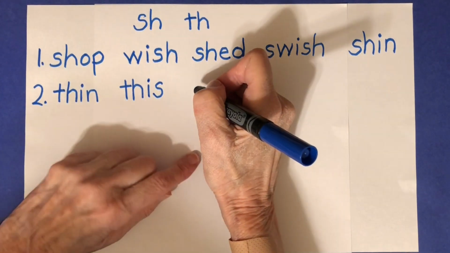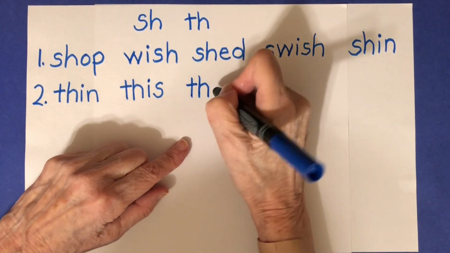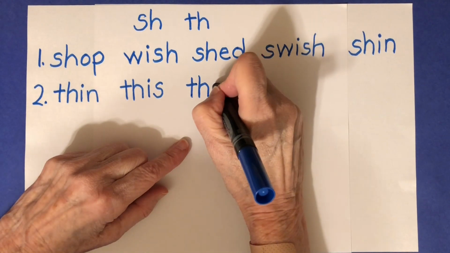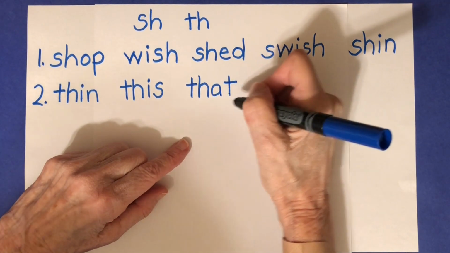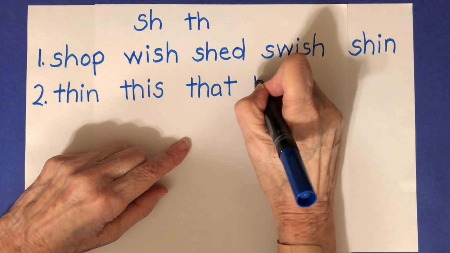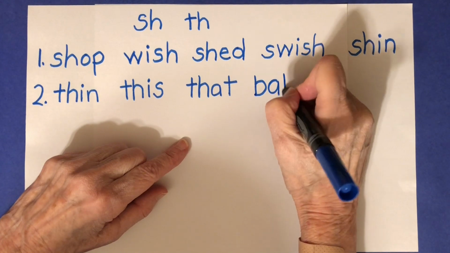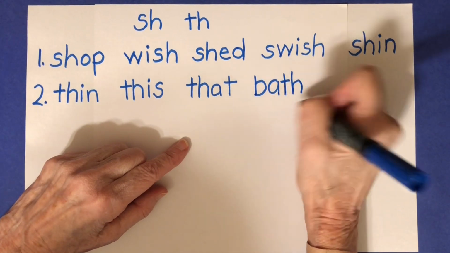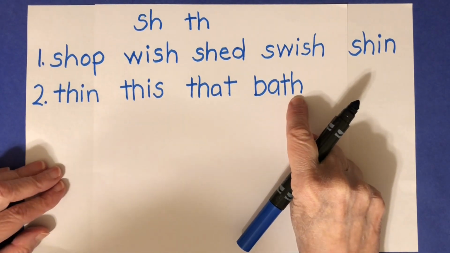This. Good. This is also the voiced TH sound. V. A. That. That. Good. B. A. Bath. Bath. That was the whispered TH sound, bath.